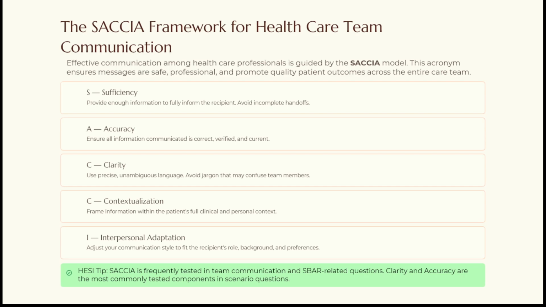Accuracy means information must be correct, current, and verified. Nurses should never guess or communicate unverified information. Clarity means communication should be direct and easy to understand. Avoid vague statements and confusing terminology.